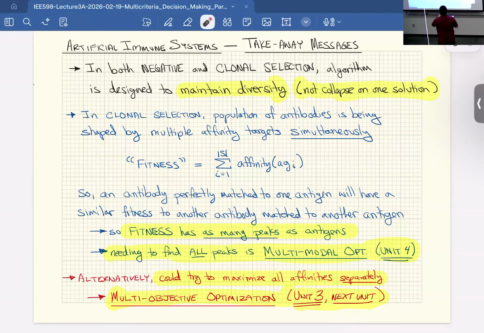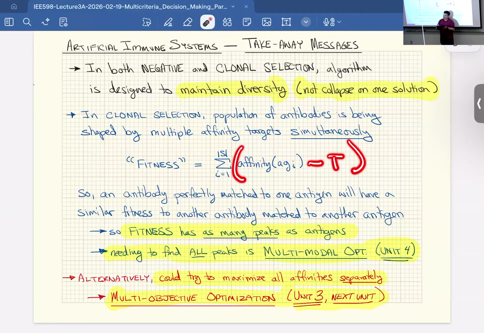Yeah, so we're going to talk about this idea right here in Unit 3, and in the next couple of slides, if we get to them today or next week, on what's called satisficing. Basically, you can rewrite a fitness function so that, imagine that instead of saying this was affinity, it's affinity minus target that you're trying to maximize.